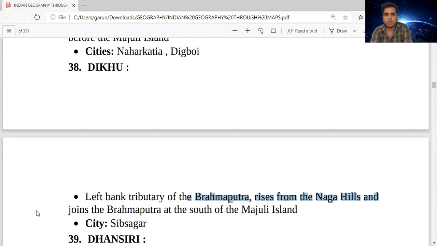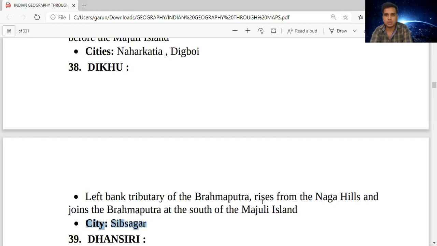Left bank tributary of Brahmaputra rises from Naga Hills, and joins Brahmaputra at south of Majuli Island, city Sibsagar.